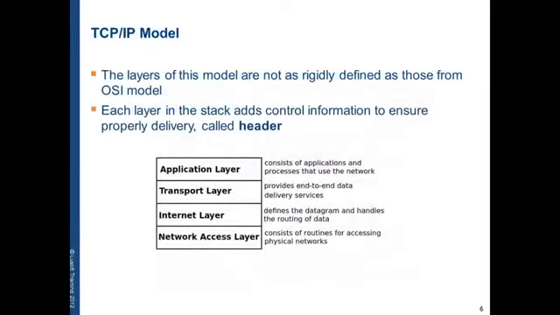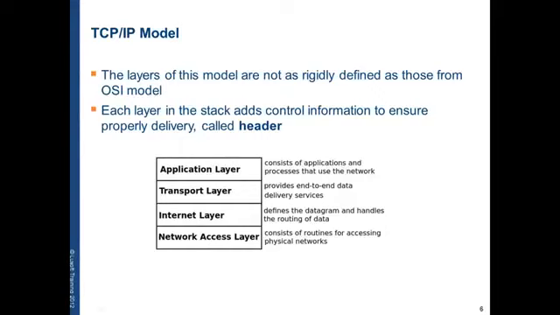The TCP/IP model has only 4 layers, and they are not as rigidly defined as in OSI. Each layer has a piece of information called a header, which ensures the proper delivery of the data.